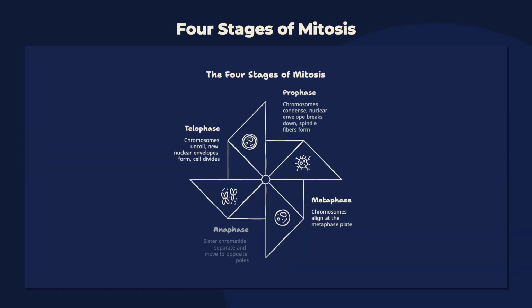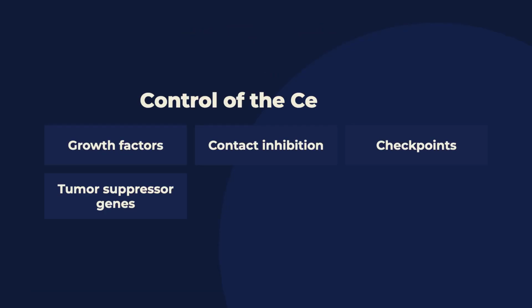In prophase, chromatin condenses into visible chromosomes as the nuclear envelope dissolves and the spindle forms. In metaphase, chromosomes align at the metaphase plate, guaranteeing equal division. In anaphase, centromeres split and chromatids, now full chromosomes, are pulled to opposite poles. In telophase, nuclear envelopes reform and cytokinesis pinches the cell into two.